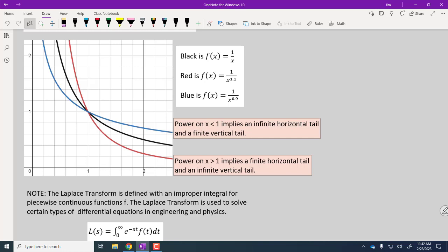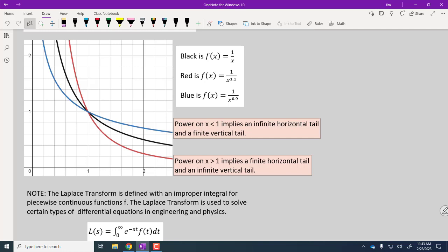But as soon as you start pushing down and getting closer to the x-axis faster, it pulls off the y-axis when you have a power of x. So the red curve here, I bumped up the power of x just to 1.1. If that exponent is just a smidge over 1, that's enough to create this scenario where it gets tight enough to x and it's pulling off a y. So if you bump it up just a little bit, that's going to converge horizontally and diverge vertically.